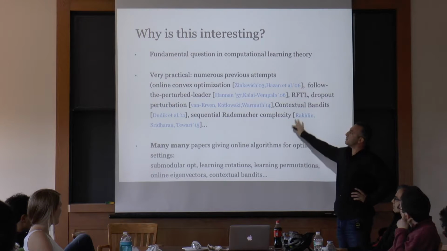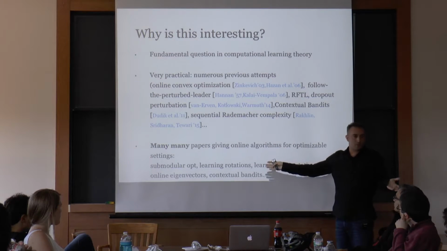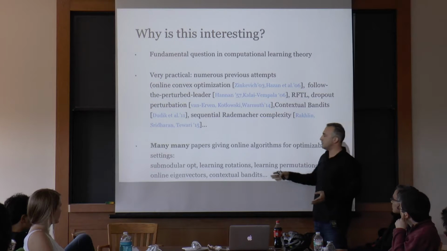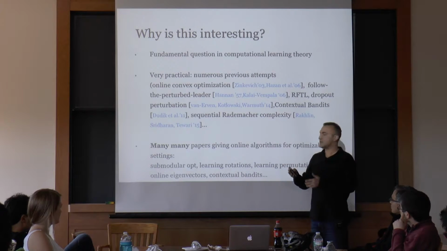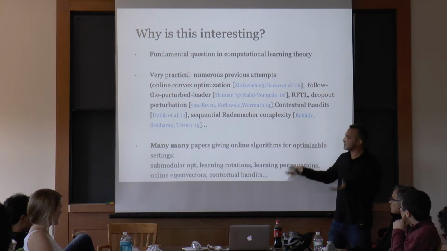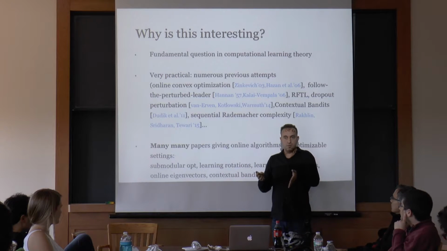And lacking a general methodology, there have been many other papers that say, okay, we don't have a general methodology, let's study one particular non-convex problem and try to minimize regret for it. For example, submodular optimization, which doesn't have a convex structure, or you want to learn rotations or permutations or eigenvectors. Eigenvectors, for example, are a non-convex problem. You can compute an eigenvector efficiently, but it doesn't have any convex structure.